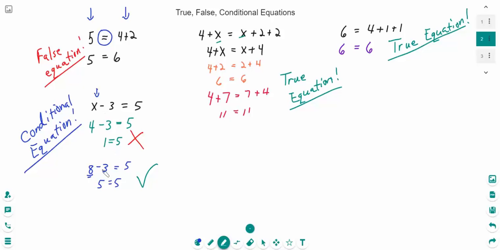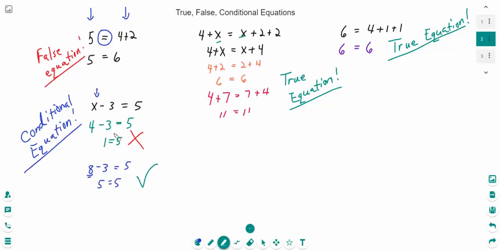And I could continue plugging in all kinds of values for this x, hoping to find another true equation, or maybe just trying to find other false equations. There would be so many things I could plug in here that would give me false equations. So the point is, it depends. Whether or not this is true is conditional on what the value of x is. So hopefully that makes sense.